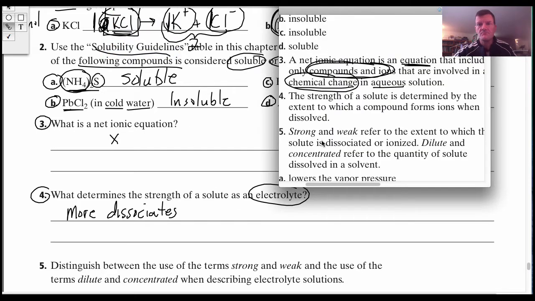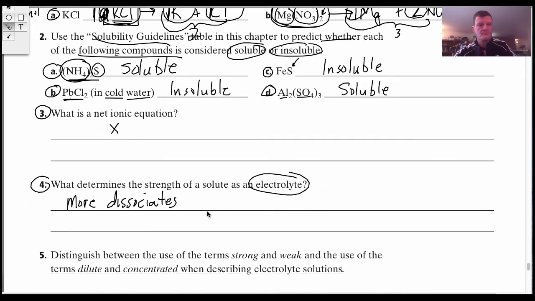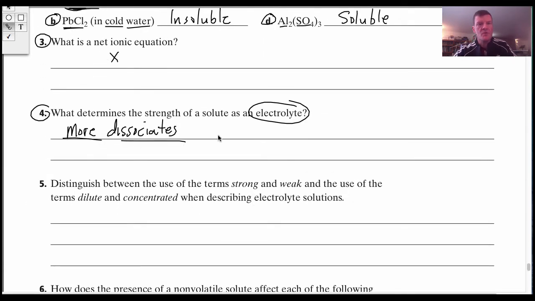It says the strength of the solute is determined by the extent to which the compounds form ions. Okay? How much does it dissociate? If it dissociates more, then it is a strong electrolyte. Remember, an electrolyte is going to conduct electricity. That's how we measure it to be an electrolyte.